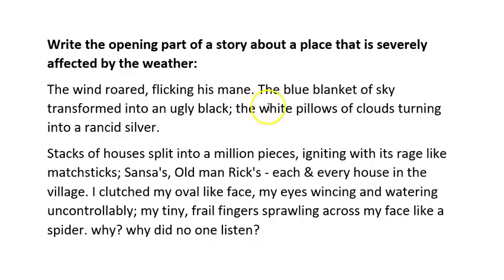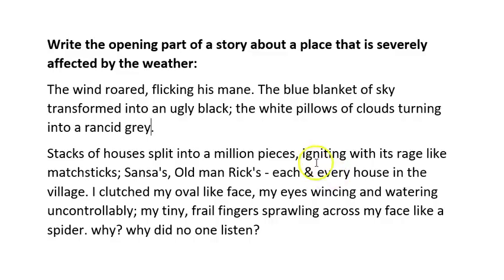And now that contrast is repeated here. The white pillows of clouds turning into a rancid silver. Well, rancid is brilliant, but silver has connotations of things which are good, and that doesn't work so well with our description. So I'd simply change that to grey. Whoops, I could do better than that.